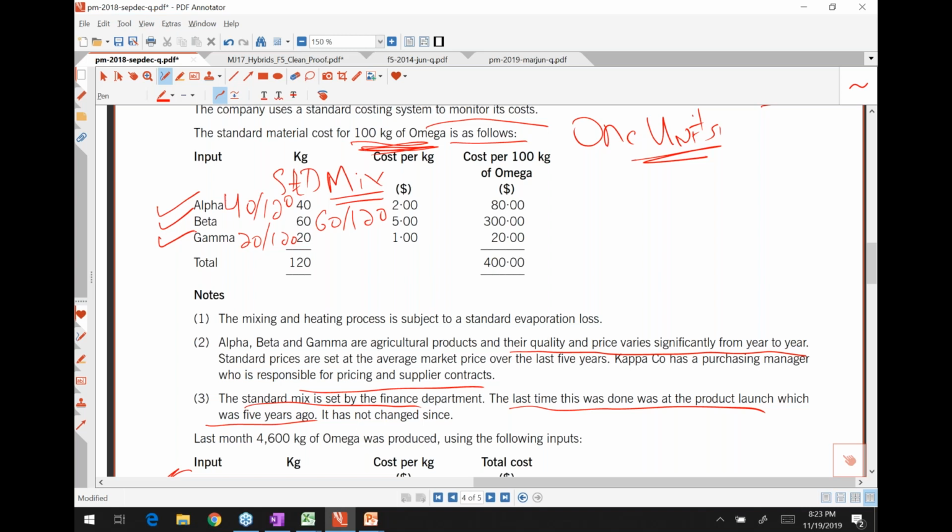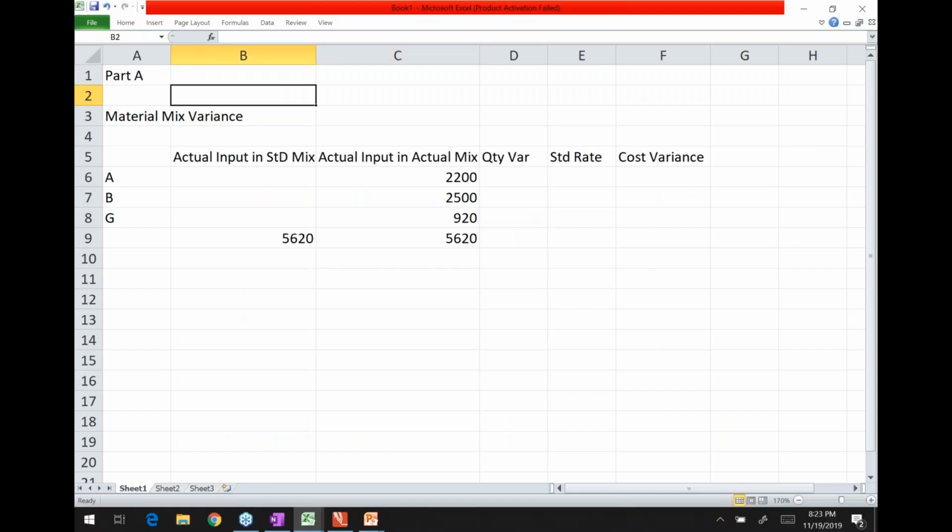So having said that, what I will do is use this standard mix and apply it on my actual input. Okay, so I'm applying this standard mix, that is 40 divided by 120, 60 divided by 120, and 20 divided by 120, on the actual input. So you can see here what I'm doing. It's very simple.